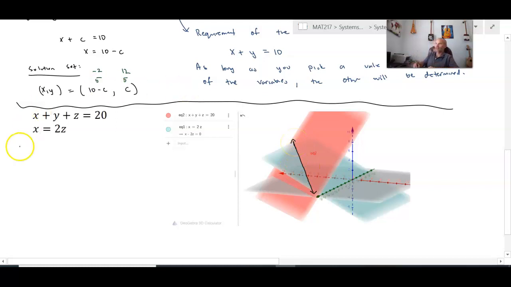Okay, so how are we going to see that? Let's set it up. 1, 1, 1, 20. Now, the second equation is not in the proper form. If I subtract 2z over and I write x plus 0y minus 2z, and then since I've subtracted that over, I have 0 on the right-hand side, this helps me see the coefficients are 1, 0, -2, 0.